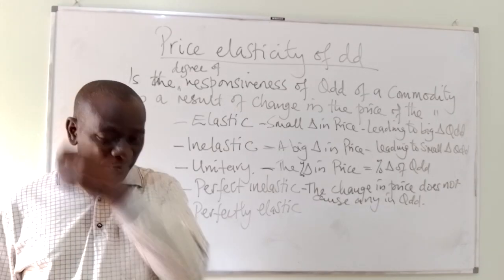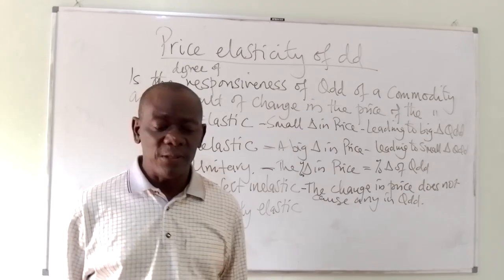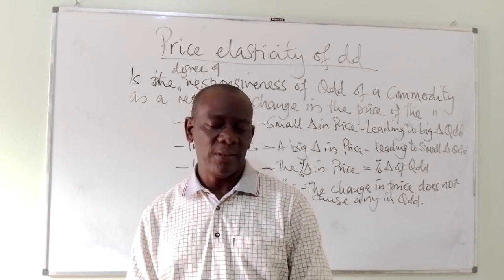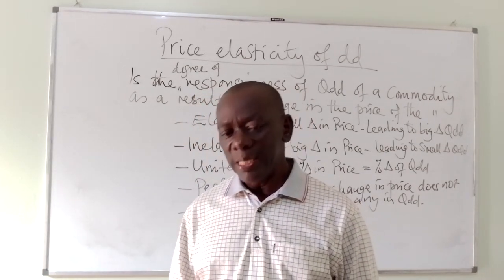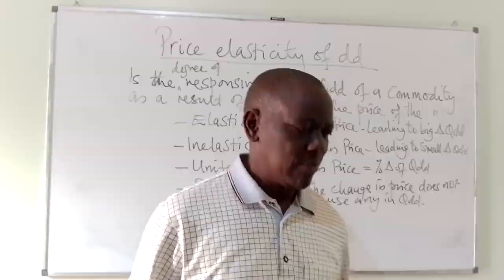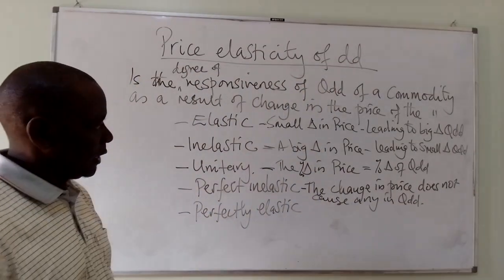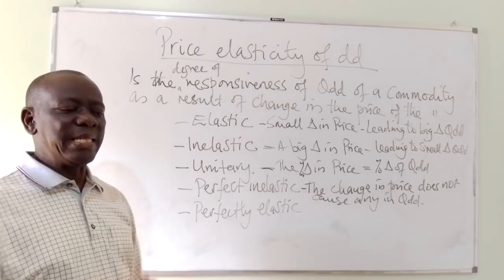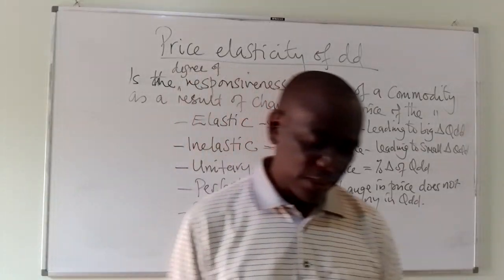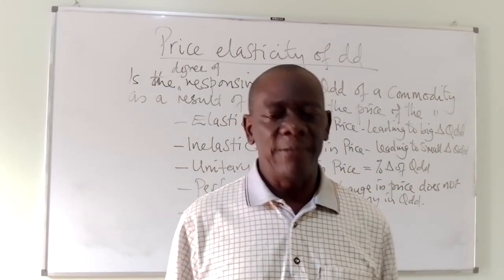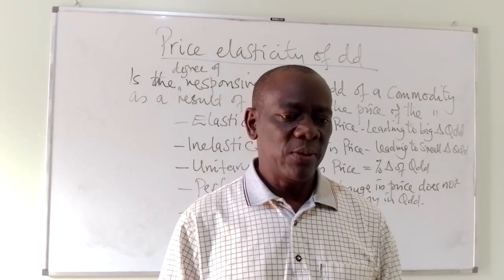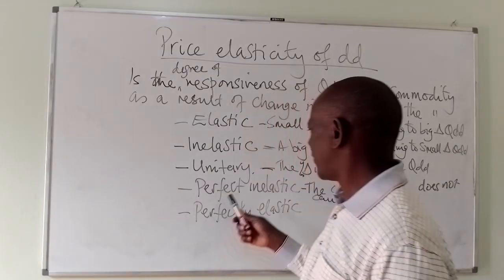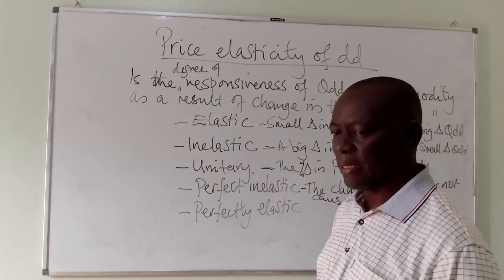In other words, you have a 100% change in the price of a commodity, but there is no change in the quantity demanded. It means that the change in price will not affect the quantity. It is perfectly inelastic. It doesn't change. It is like something that is hard. You cannot change it. You cannot stretch it. You cannot stretch that thing.